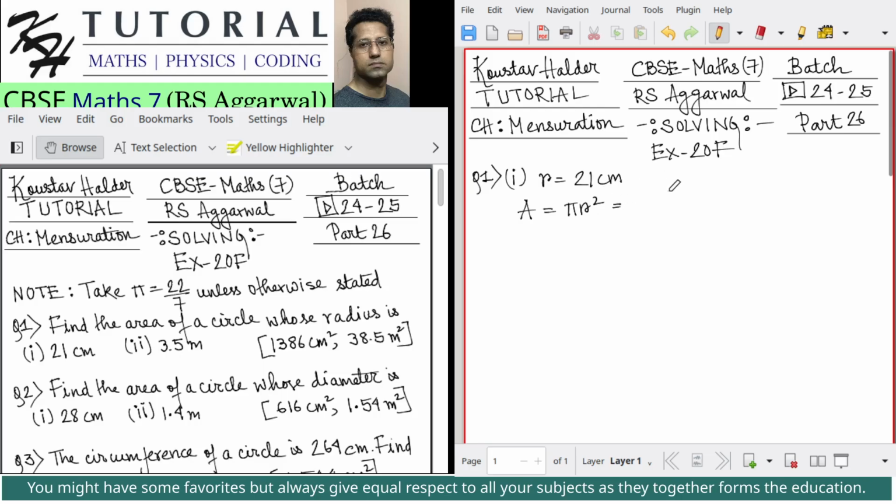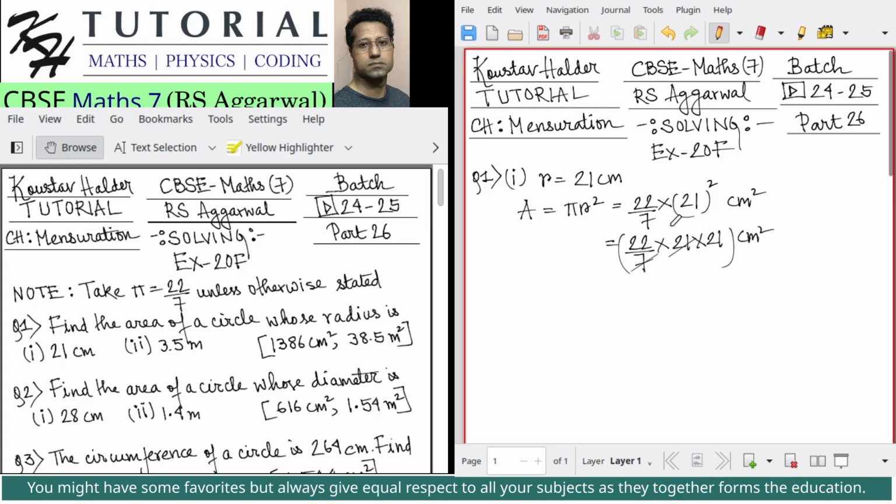Since in this problem it is not mentioned what value to take, we should consider the value of pi as 22 by 7. So pi is 22 by 7 multiplied by r square, 21 square centimeter square. This is equal to 22 by 7 multiplied by 21 multiplied by 21, this much centimeter square.